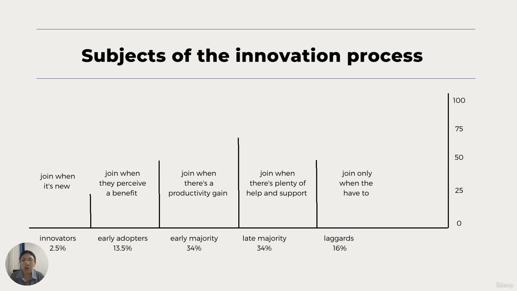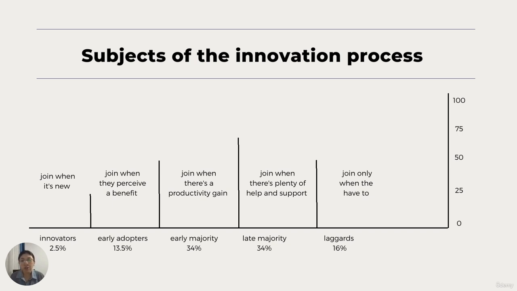The next ones are early majorities and late majorities, the critical mass that ensures adoption. The early majority looks for productivity and practical benefits more than coolness or reputation. The late majority is similar but also expects a lot of help and support before they are willing to commit. And the last ones are laggards. As the term implies, they are slow to adopt.